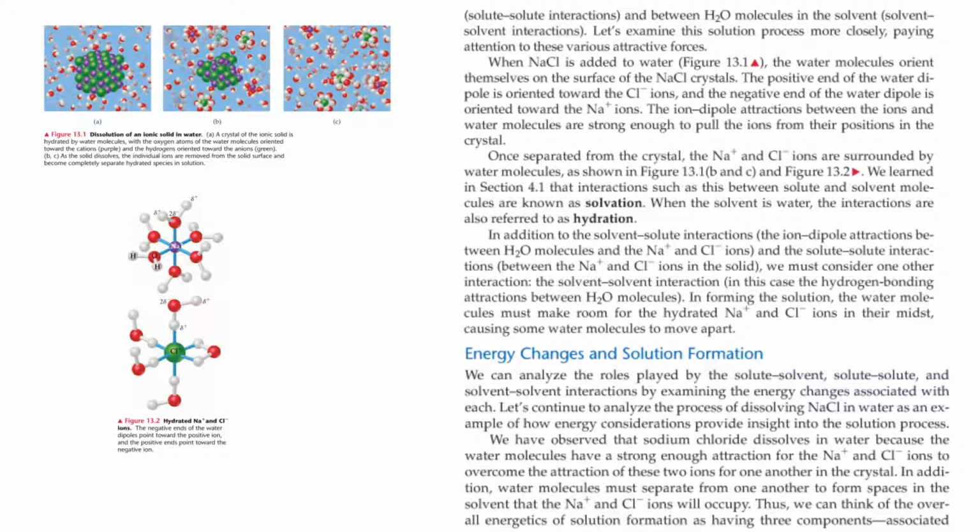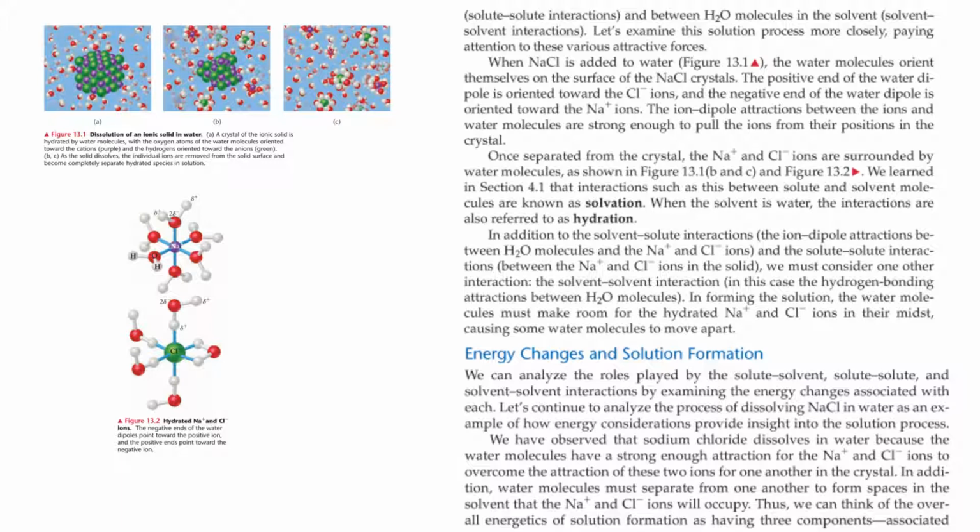We learned in Section 4.1 that interactions such as those between solute and solvent molecules are known as solvation. When the solvent is water, the interactions are referred to as hydration.